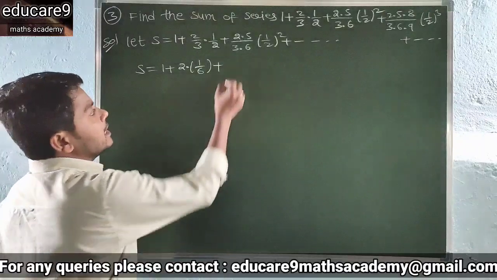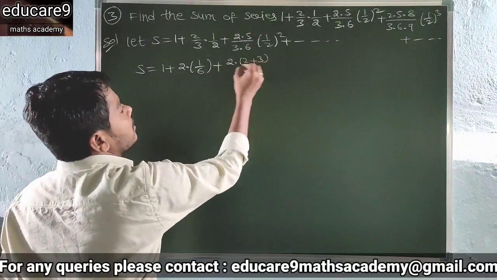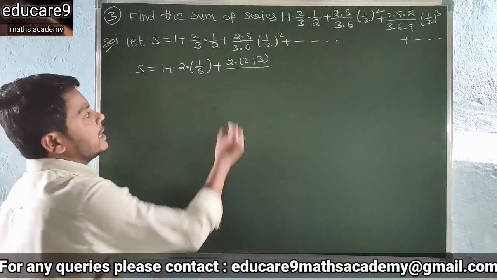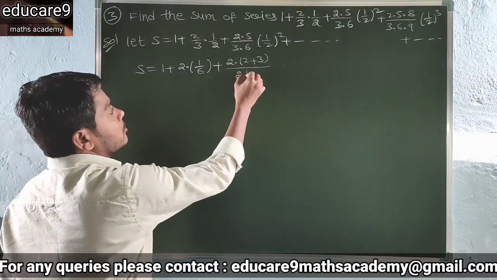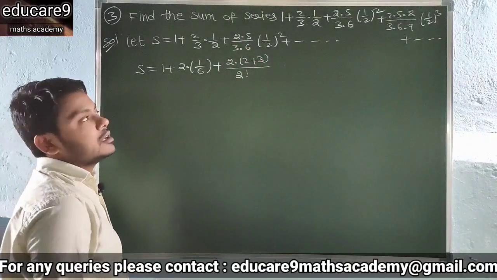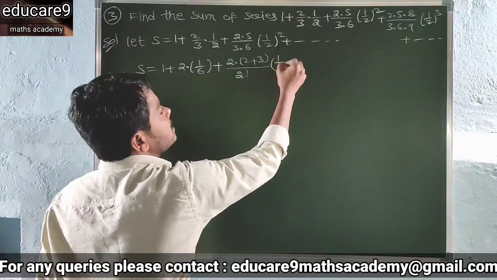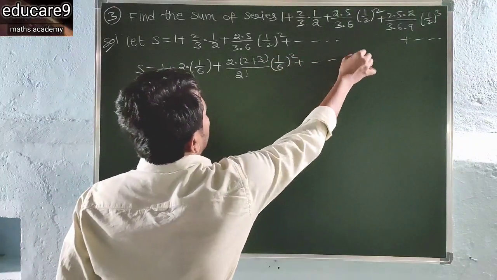Next, this one can be written as 2 into, how to write 5? 2 plus 3. So 3 into 6 can be written as 2 factorial here, 1 by 9 left, here 1 by 4. So 1 by 36, that can be written as (1 by 6) whole square and so on.